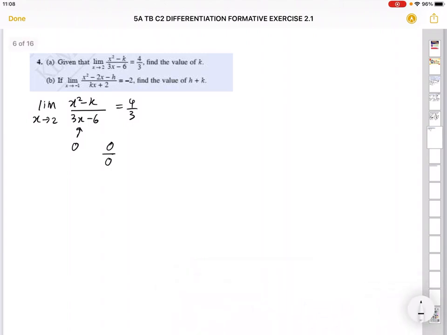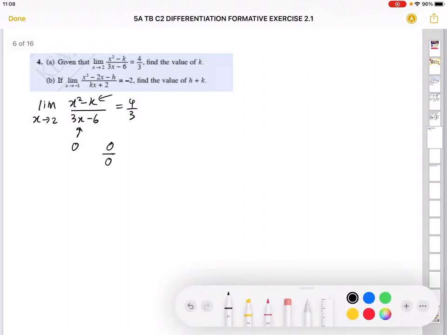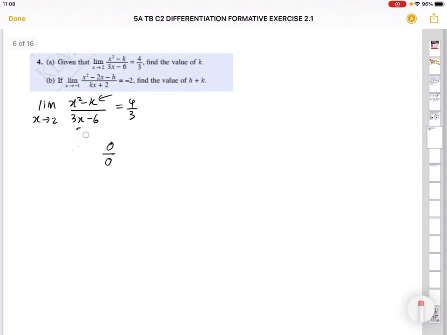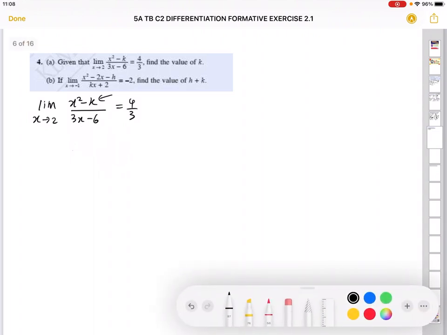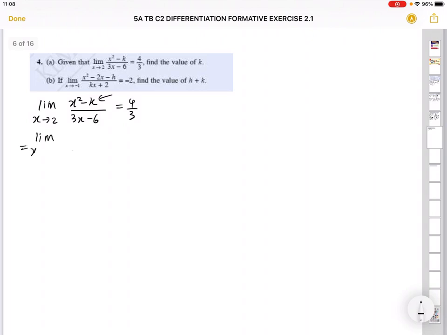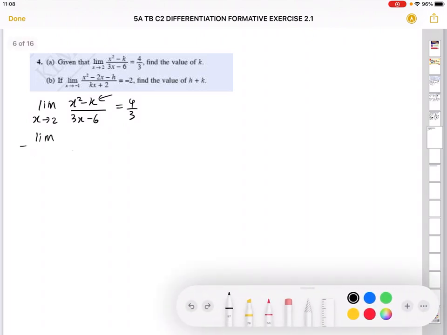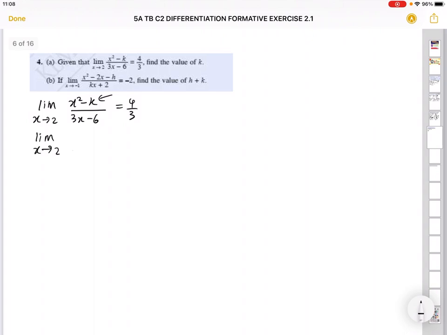So we know that your top or your numerator must also be 0. So there are two ways of thinking. The first method of thinking is, okay, maybe I know that I will have to factorize this. Maybe I shouldn't write equal sign here. I know I will have to factorize the denominator and get x minus 2.